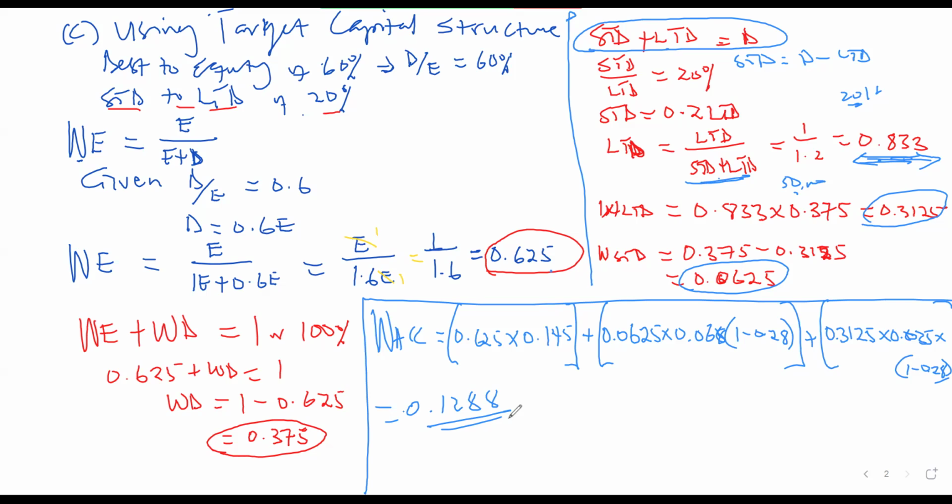Yes, my confusion is that I was thinking we should use the target capital structure because the project is more or less a futuristic project. Good. And management will want a certain structure or will use a certain source to finance that project.